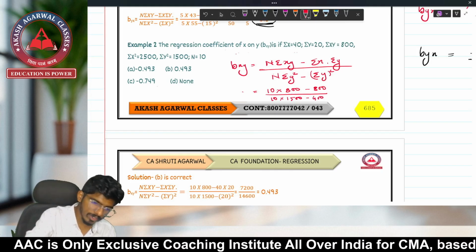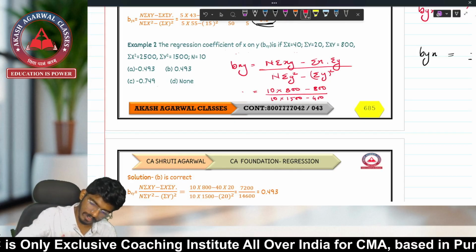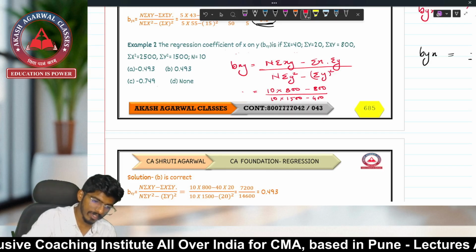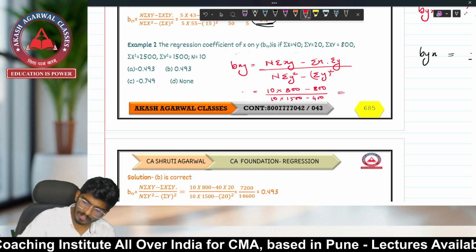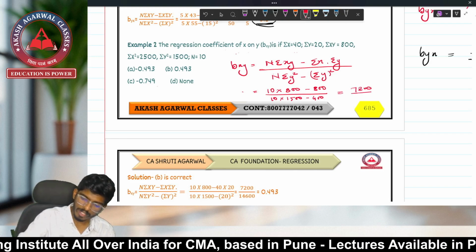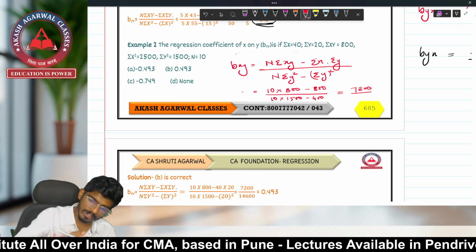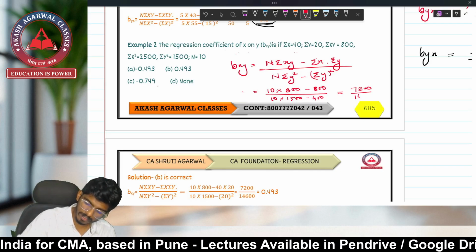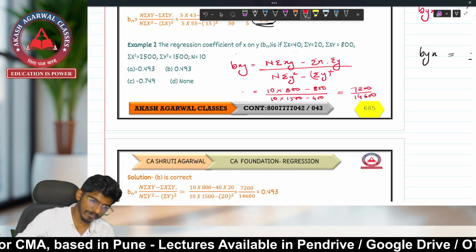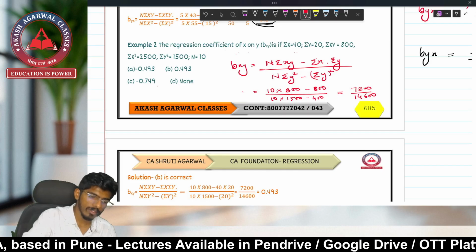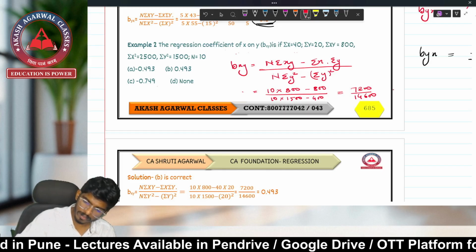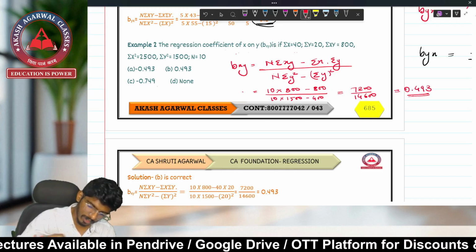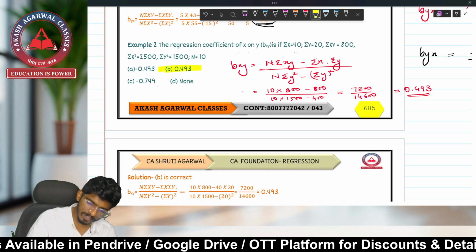So let's solve this now. 800 into 10 minus 800 is going to be 7200, upon 1500 into 10 minus 400 is going to be 14,600. 7,200 upon 14,600 is going to be what? 0.493. So 0.493 is option number B.